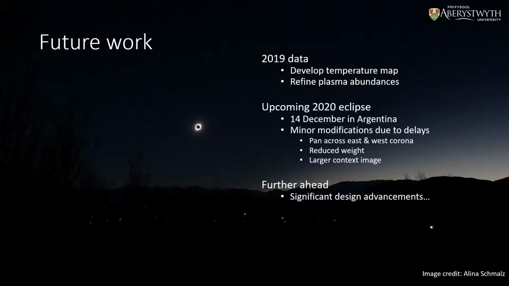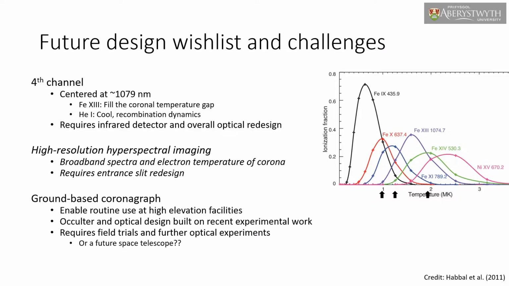Now, unfortunately, due to delays relating to the situation affecting all of us across the world, some of our most significant design plans needed to wait until following eclipses. But let's take a look at what some of those are. So the first major enhancement is the addition of a fourth channel that measures in infrared, centered at 1079 nanometers.